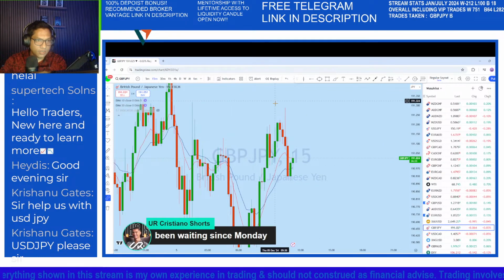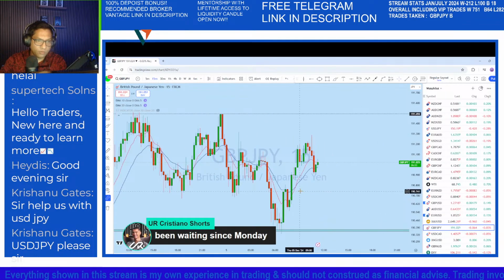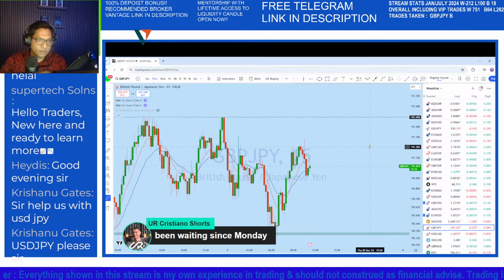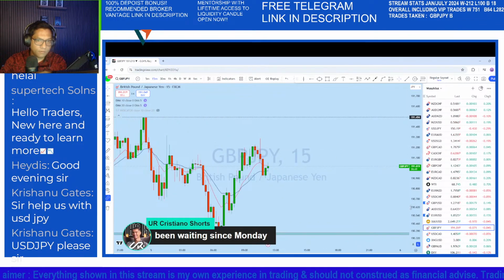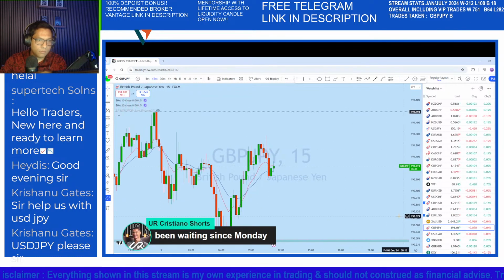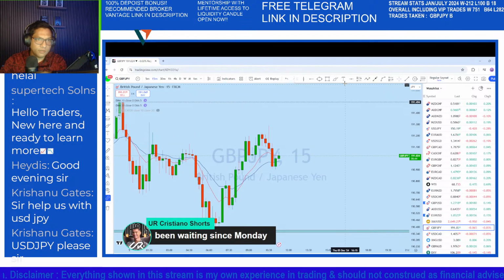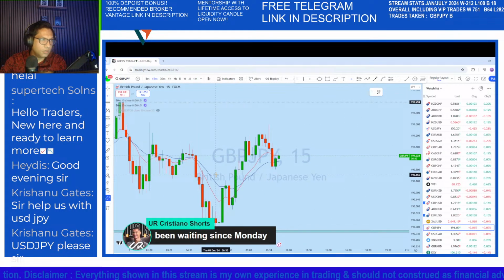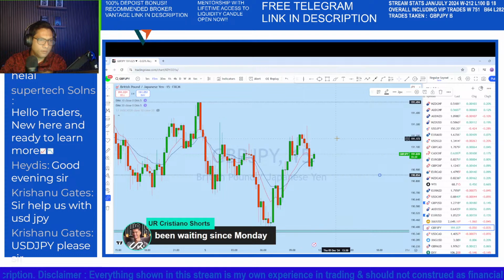Okay, so this is a drop here, the market is on the support level. You can see this is an important level of support on GBPJPY.